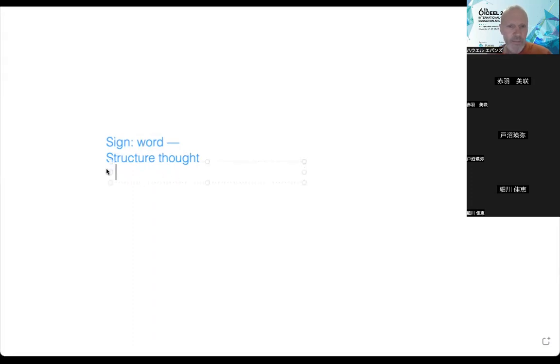that structures thought, and then, oops, let me just get this down here. And thought regulates behavior or activity. So in other words, the sign structures thought, the sign makes you think something. And when it makes you think something, this regulates the activity.